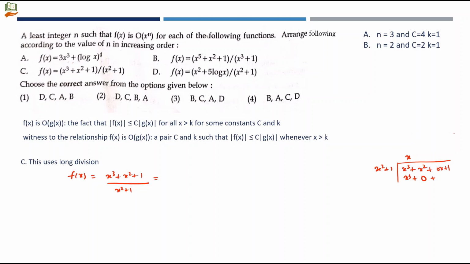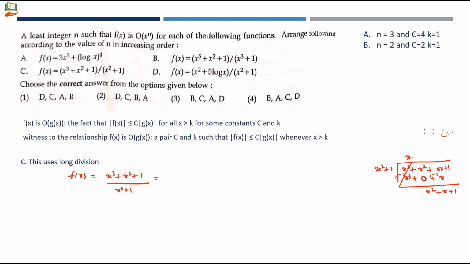See, when you have power, this will be a constant, then you will have power 1, power 2 and power 3. Power 3 and 2 are filled and the constant is given. This place will have a coefficient of 0 into x to the power 1. Now 1 into x will be x. Just minus this will go, we will have x square. This should be minus, so 0 minus 1 will give minus x plus 1.